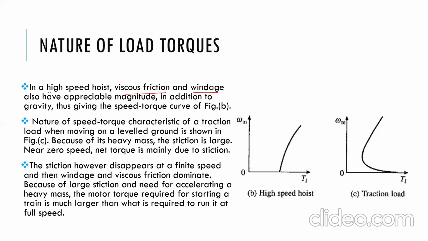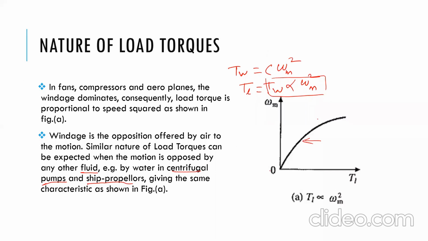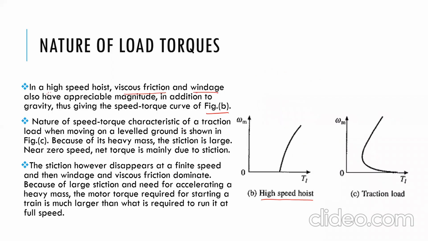Thus giving a speed torque curve of figure B. In case of high speed hoist, this type of curve is common. It is the addition of this curve. This curve means what, windage effect can be seen here.